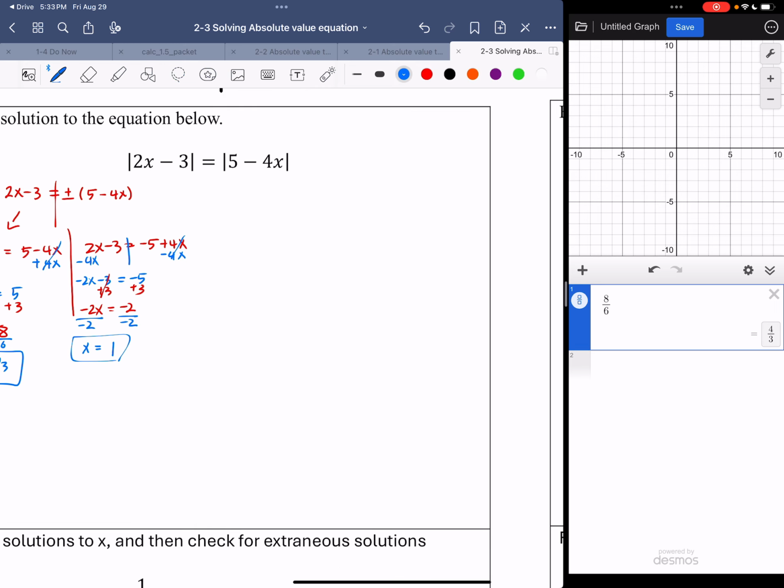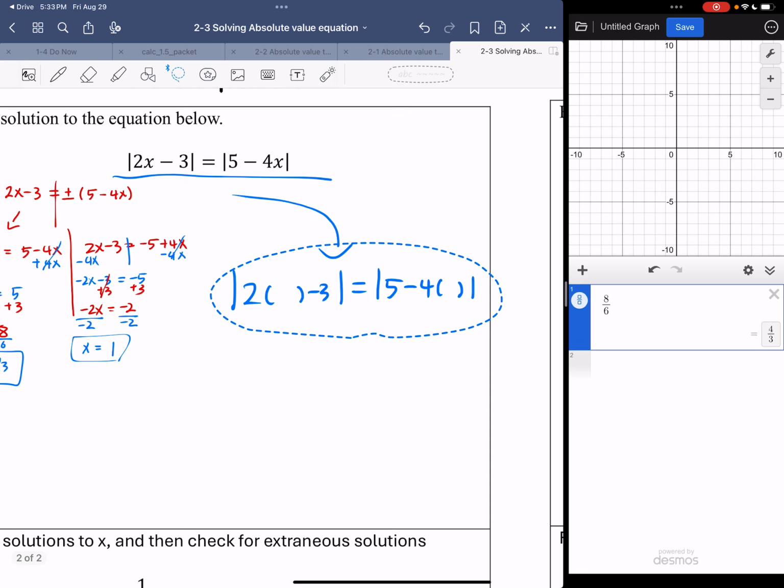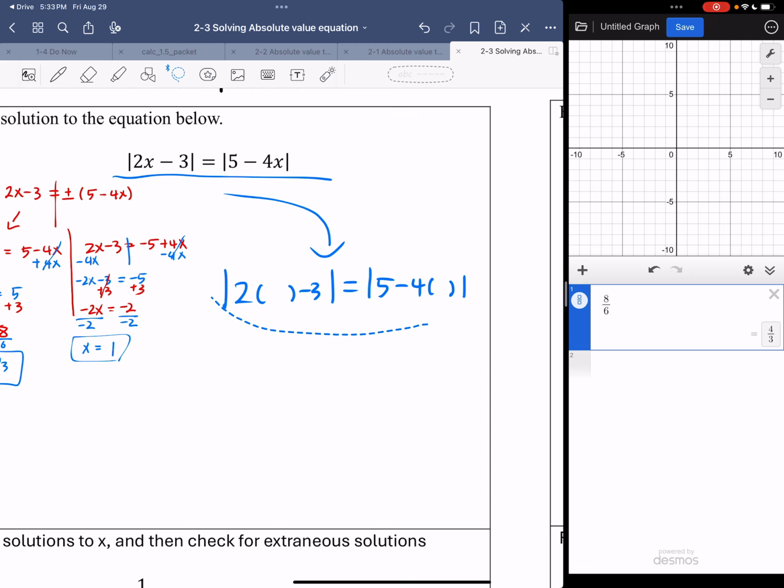As I said, I'm going to copy this one down, like this. And I'm going to plug in what we got.